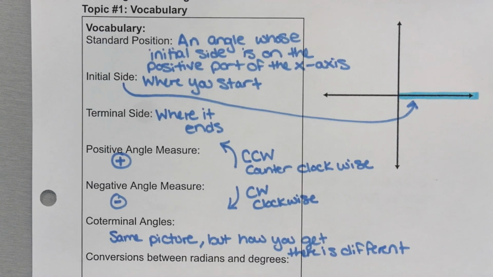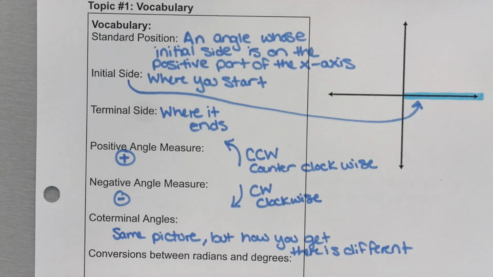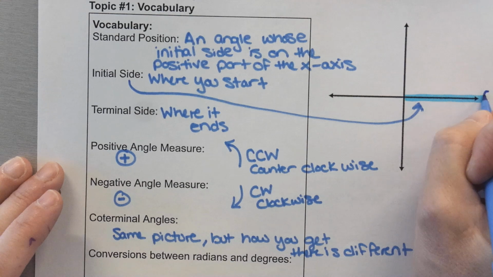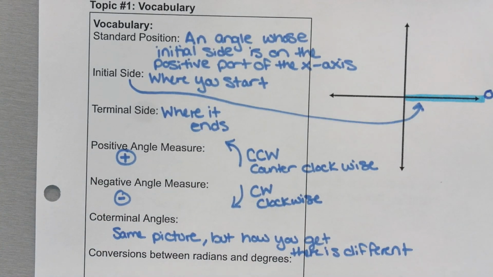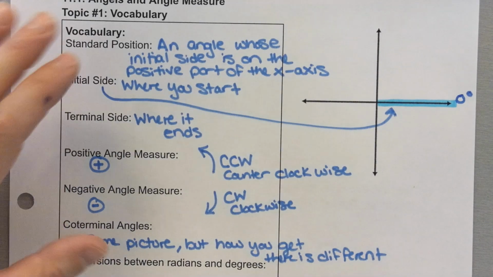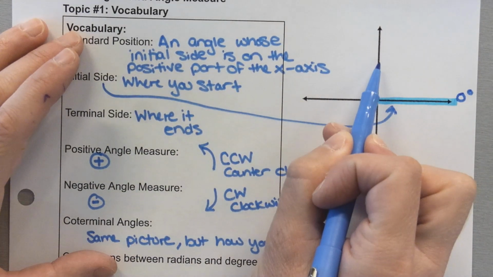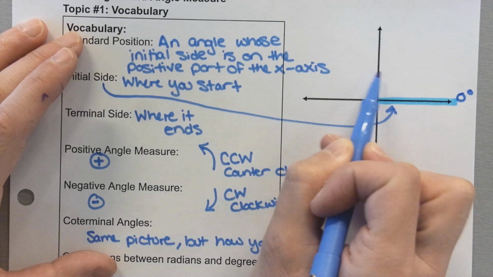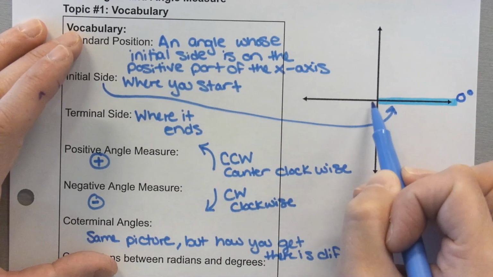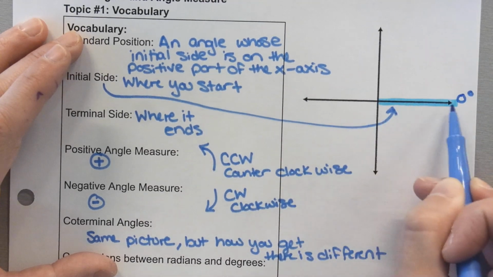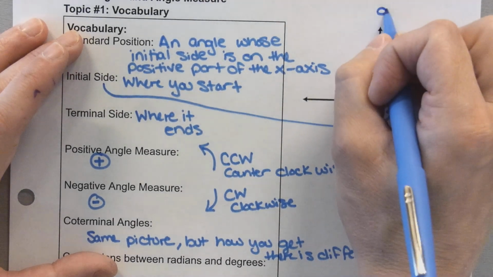Here's the other thing I want you to write in on this graph before we do anything else. If I rotate 0 degrees, it'd be right here, because it would be like me rotating nowhere. I just live at that line. What if I rotated up to here? How far is this rotation? That would be 90 degrees.